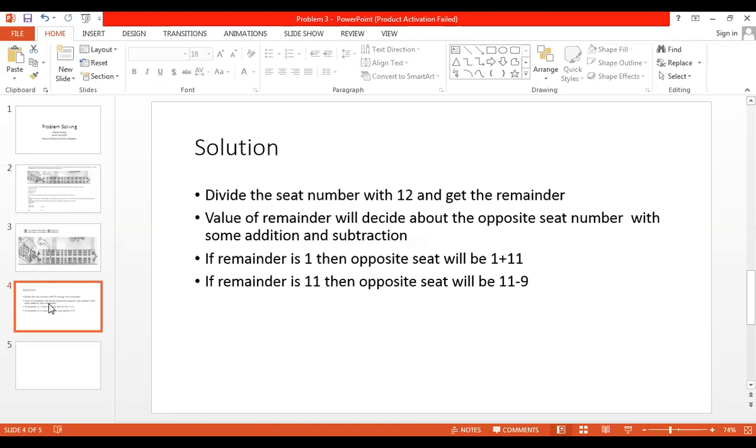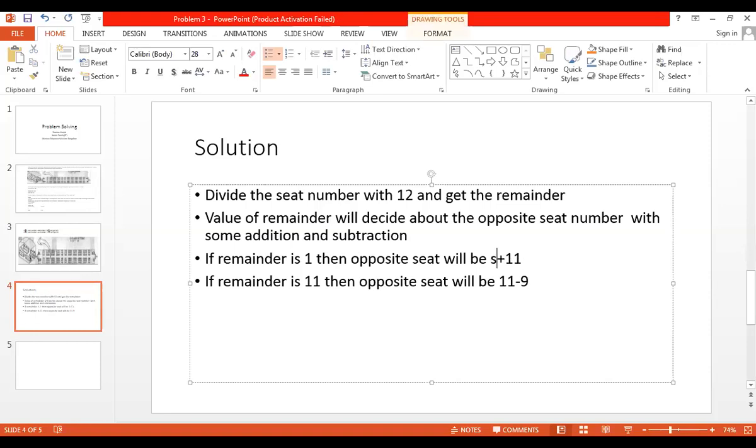The value of the remainder will decide the opposite seat number with some addition and subtraction. If the remainder is 1, then the opposite seat will be seat number plus 11. And if the remainder is 11, then the opposite seat will be seat number minus 9. So this is the solution to this particular problem.